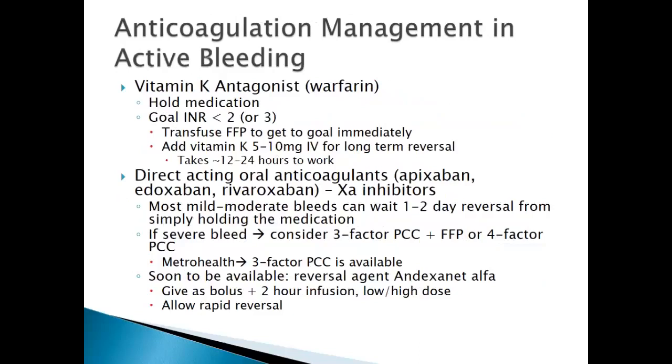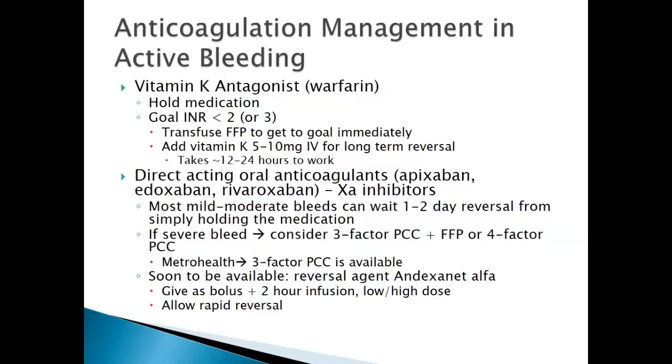Anticoagulation management in active bleeding: there is data to help guide management, but there's not a ton of data. With vitamin K antagonists or warfarin, you always want to hold the medication in the setting of an active bleed if you can.